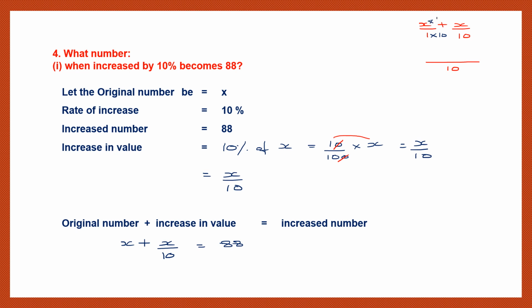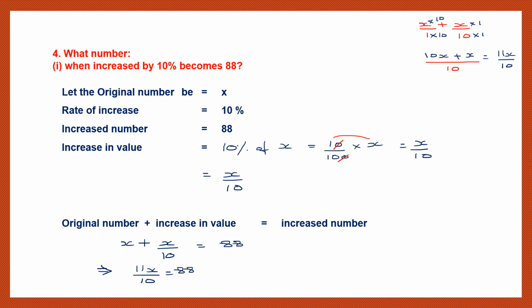So multiply x into 10. x into 10 is 10x. 10x plus, now here it is 10 into 1. So x into 1 is x. 10x plus x is 11x. 11x by 10 is what we get. So here we can say 11x, now this is an equation now, 11x by 10 is equal to 88.